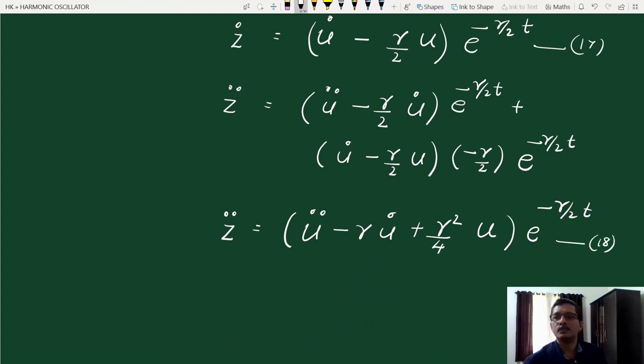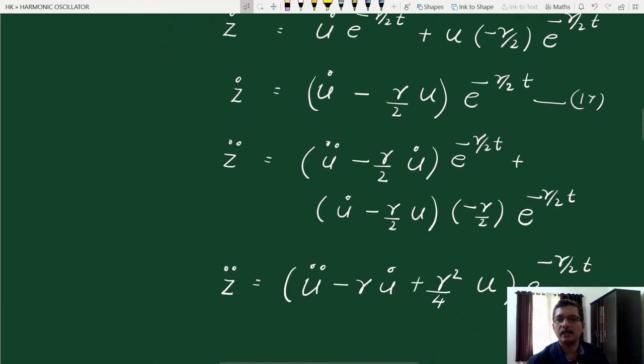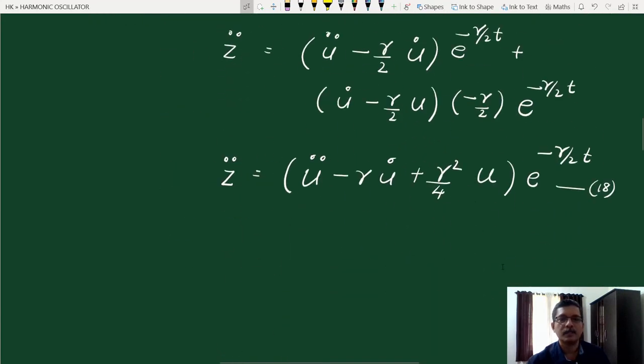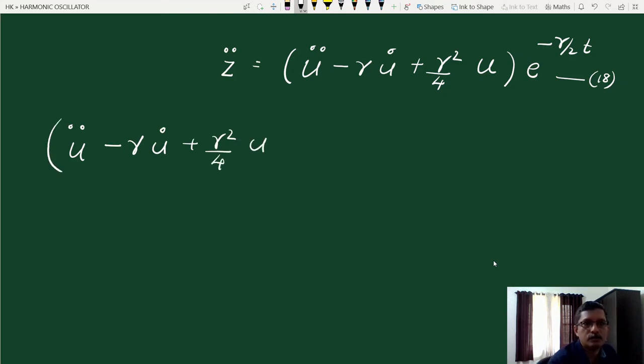So let us substitute equations 16, 17 and 18 in the differential equation of Z. The original equation number is, I think, 3: Z double dot plus gamma times Z dot plus omega 0 square times Z equal to 0. So let us substitute that. We have Z double dot, that is u double dot minus gamma times u dot plus gamma square by 4 times u into e raised to minus gamma by 2 into t.